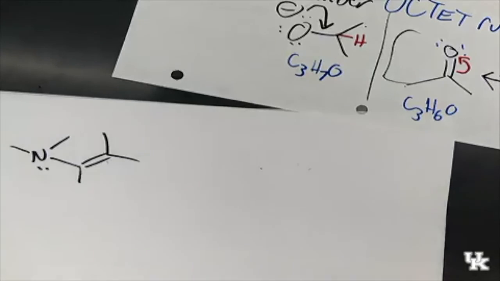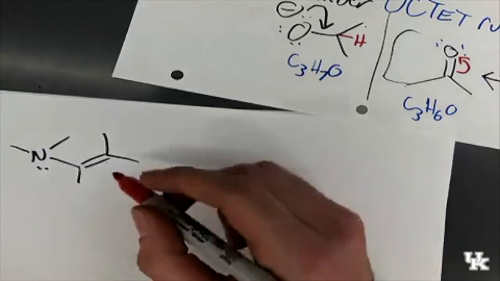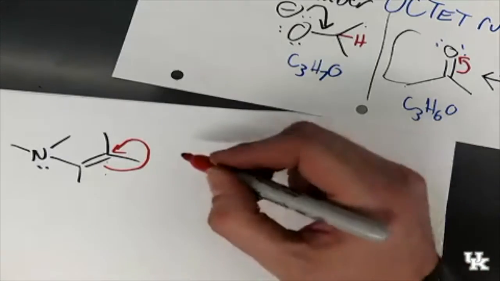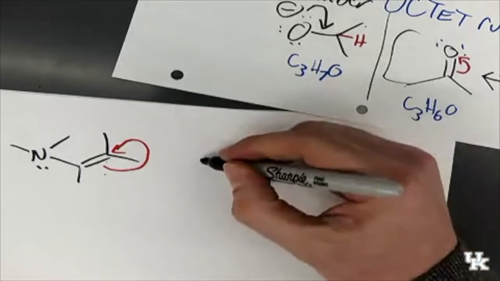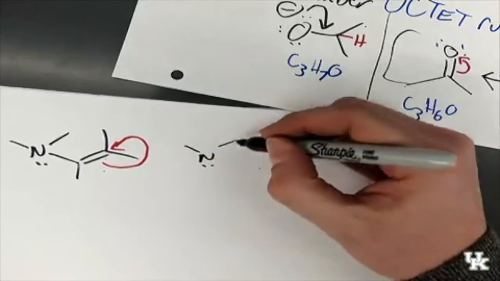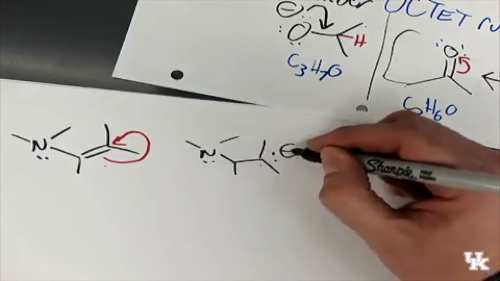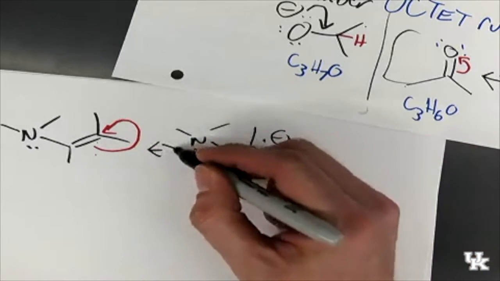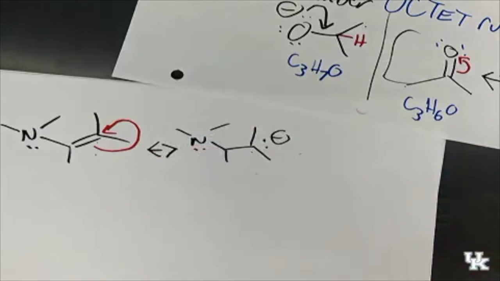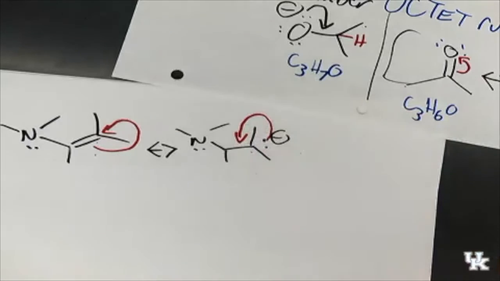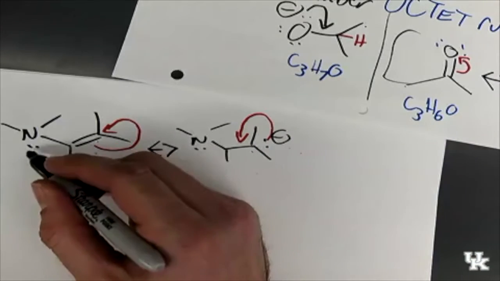So what this means is that we can move either this pi electron over and generate a structure looking like this. And in resonance structures, you also show the backward motion of how to get there. Or we could do something like this.